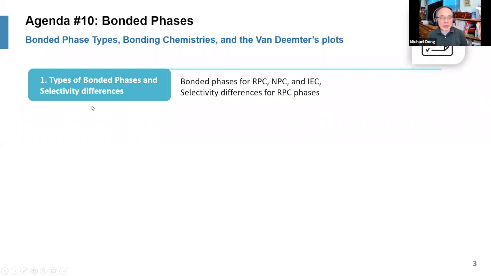So for today, we talk about different types of bonding phases. And once again, we focus on reverse phase. Reverse phase is going to be our focus.